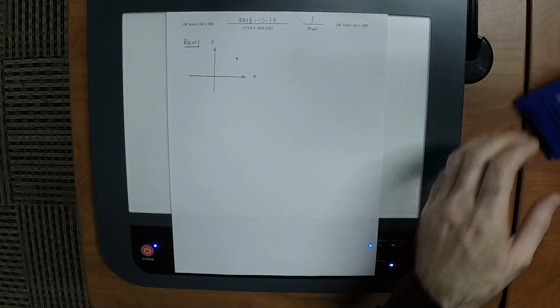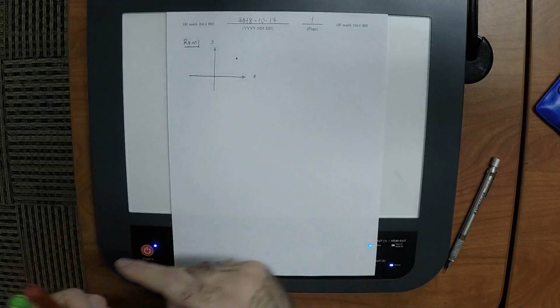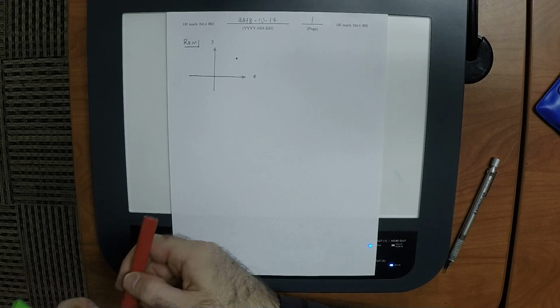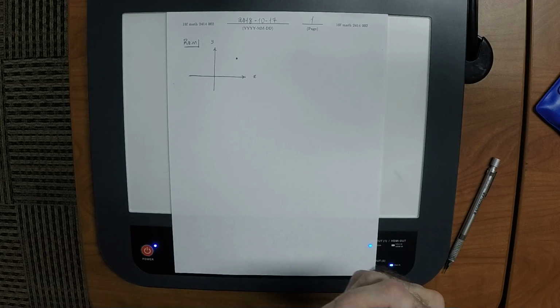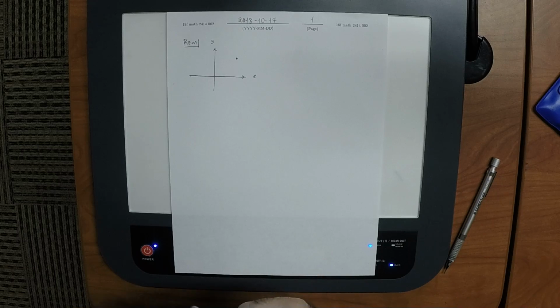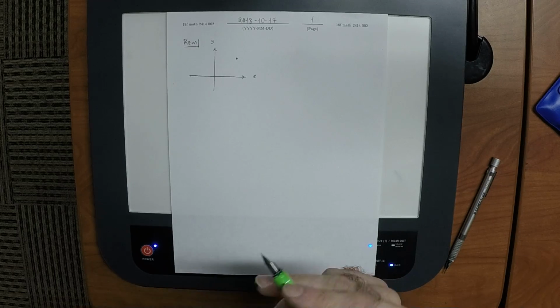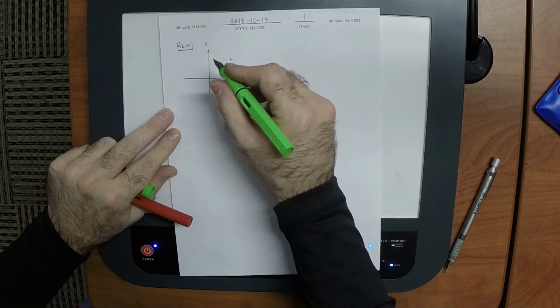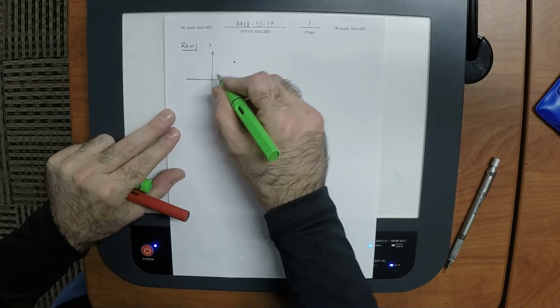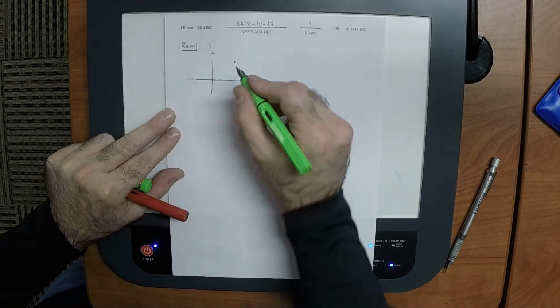What we're going to do is, instead of naming that point xy, which is its name in the rectangular coordinate system, we're going to talk about it in the polar coordinate system. The way you do that is you measure the distance from the pole, which is the name for the origin.